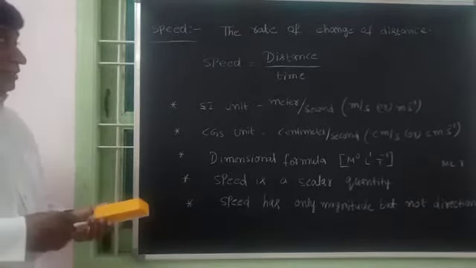Next is uniform speed, and the fourth one is non-uniform speed.